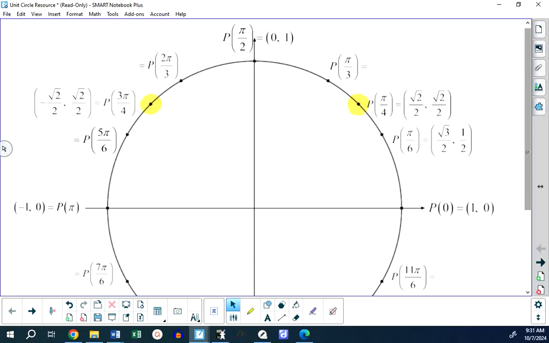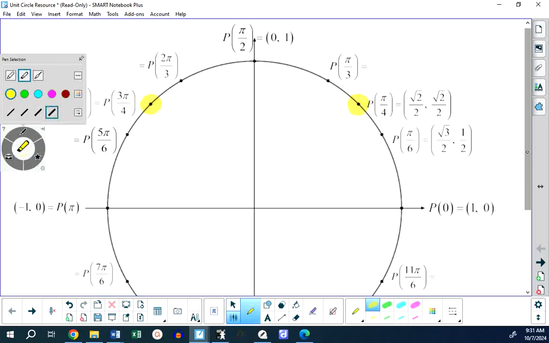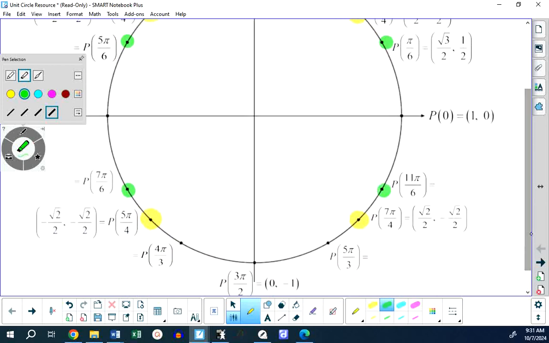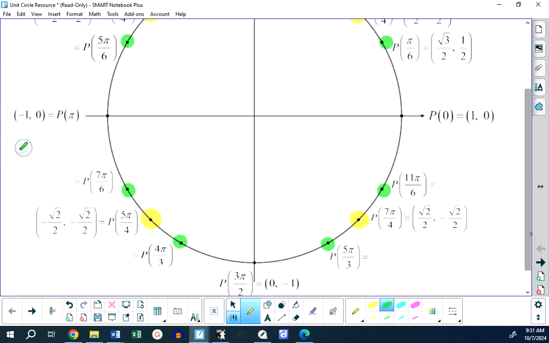I'm going to jump off to the other side here, 5 pi over 6. Well, I know that all of these positions I'm going to highlight in green are all ones that involve 1/2 and root 3 over 2, right?